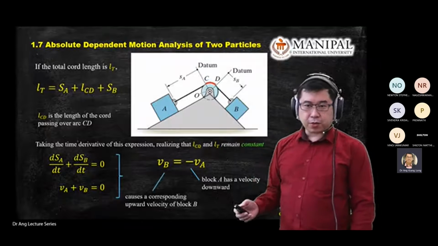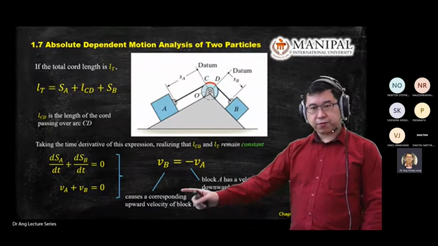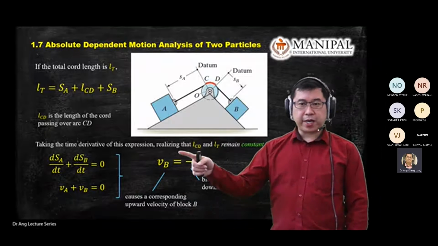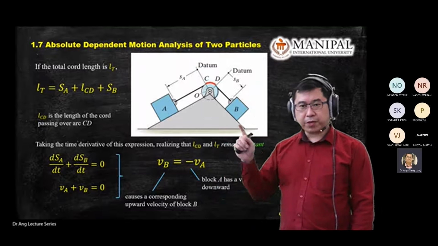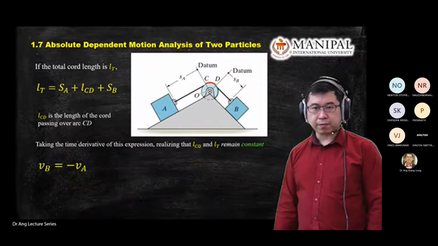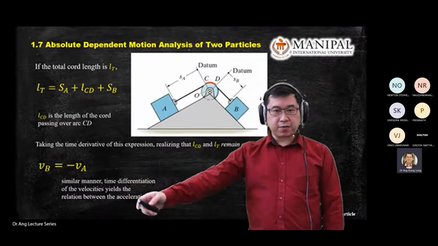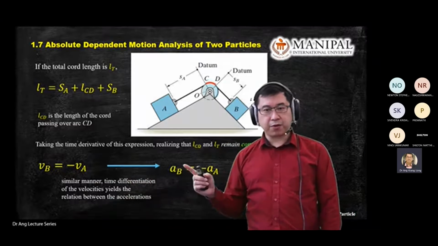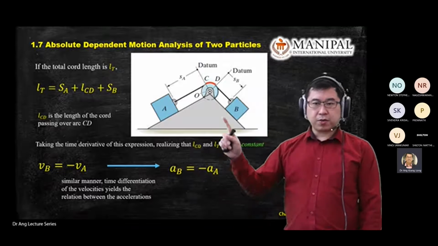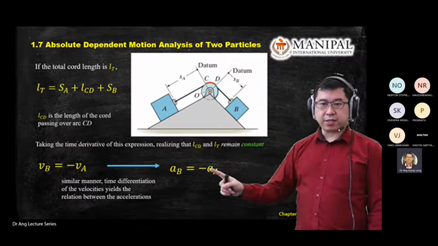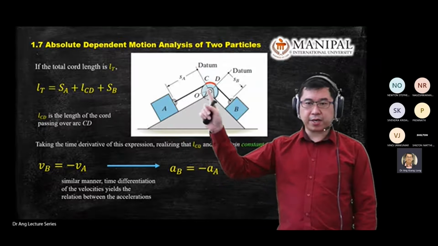Okay, so this is just an elaboration of what I said just now. When you pull A, what happens to B? When you pull B, what happens to A? You do the same thing. So for velocity, you get this one. The same thing happens for acceleration. So if B accelerates in this direction, you have A accelerating going up.